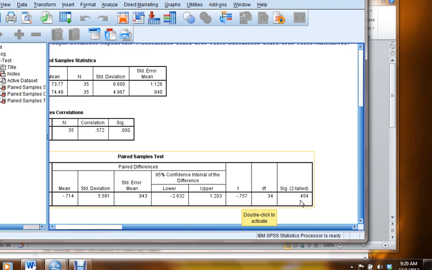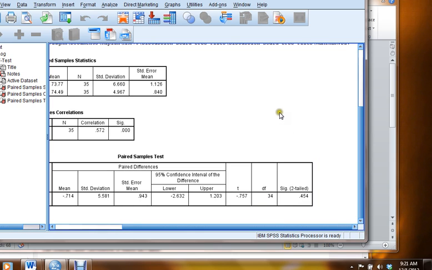So we can tell right away that at the 5% alpha, our sig two-tailed is 0.454, which is very much larger than our alpha value of 0.05. So we're not going to be able to reject the null hypothesis in this case. This is not below the 0.05 threshold for us to be able to reject the null.